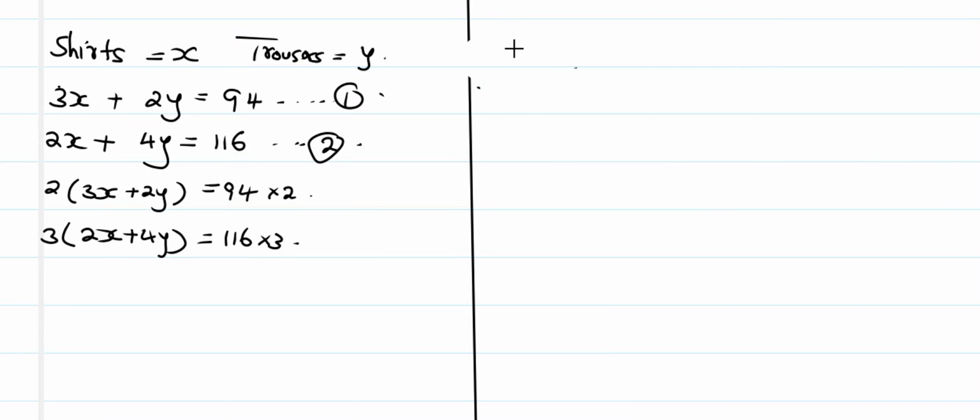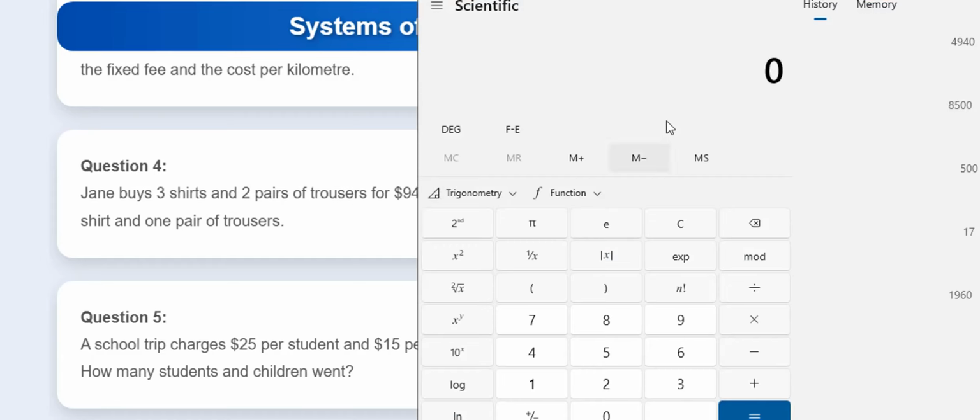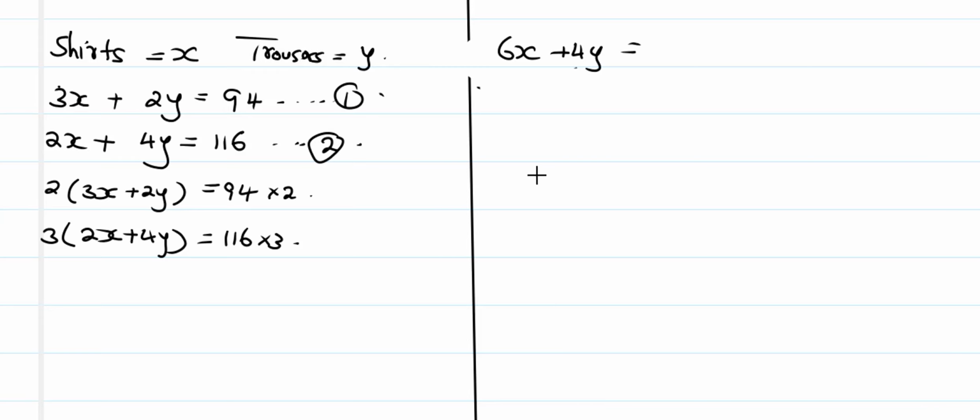So our new equations become 6x plus 4y, opening the brackets, equals 94 multiplied by 2, and you can just use your calculator. 94 multiplied by 2 is 188, and this now becomes our new first equation.